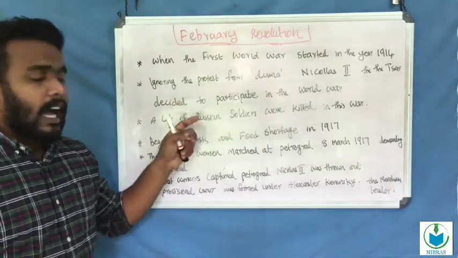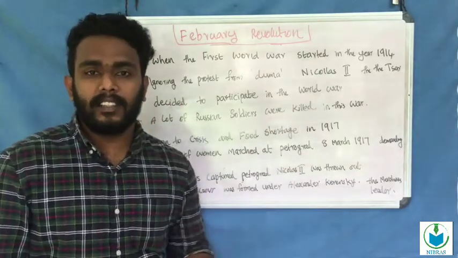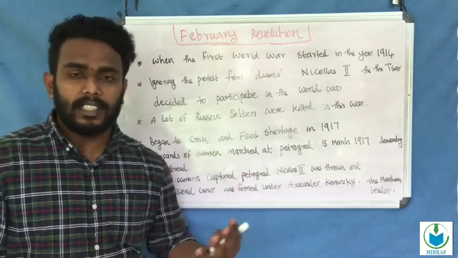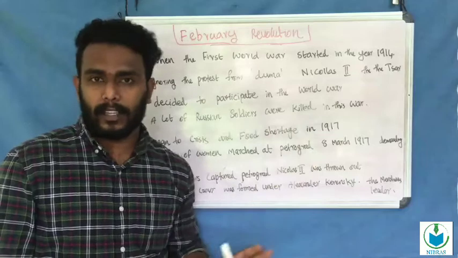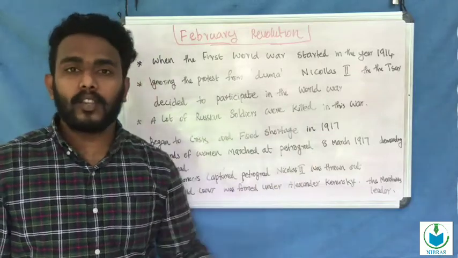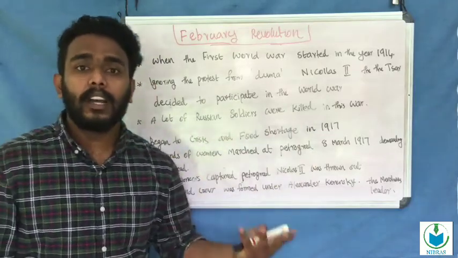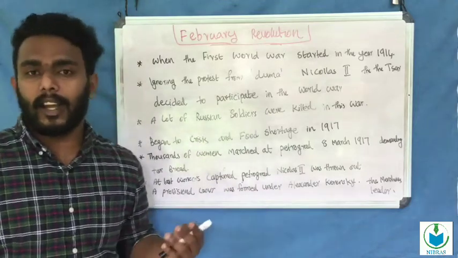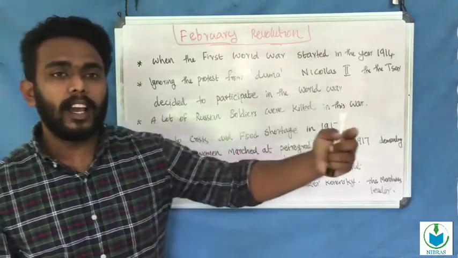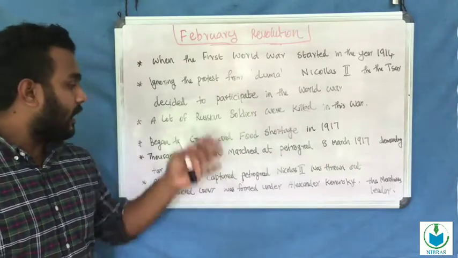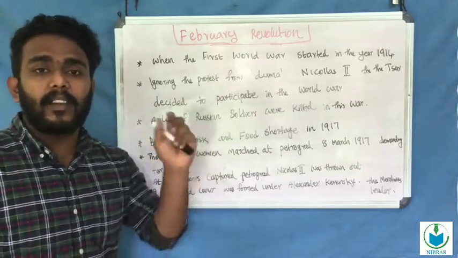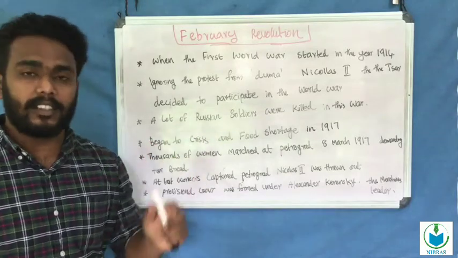As an after-effect of the participation, a lot of soldiers were killed in the First World War, and food shortage and crisis began in Russia. It leads to the year 1917. In 1917, Russia faced a severe crisis and food shortage.